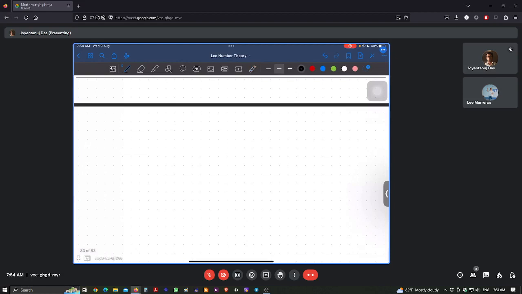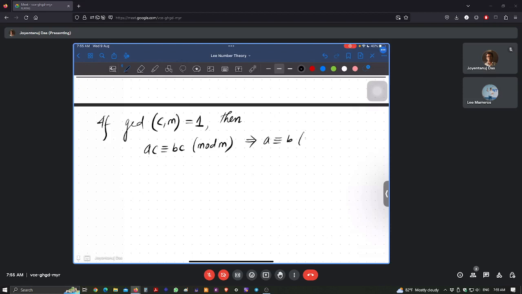If the GCD of C and M is 1, then from AC congruent to BC mod M, we are able to say that A is congruent to B mod M. So this we can say if we have this extra condition on C, that the GCD of C and M is 1.